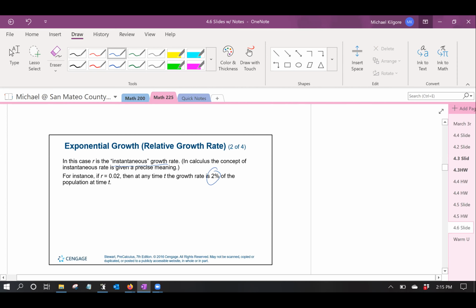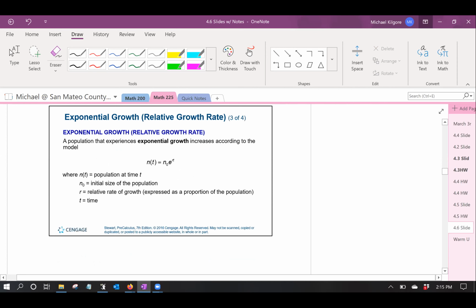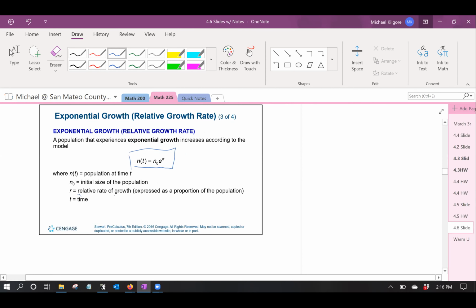So we have this form, P times e to the rt. It's just continuously compounded interest, but now we call it the relative rate of growth.